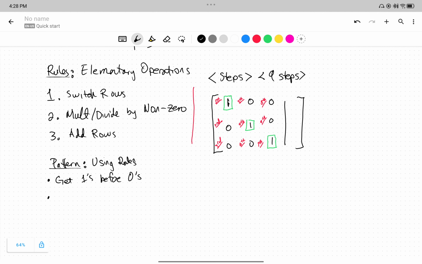And the next part is that you use the 1 to get the 0. So 1 is your helper.